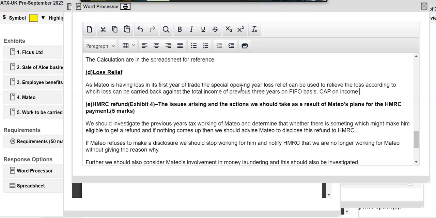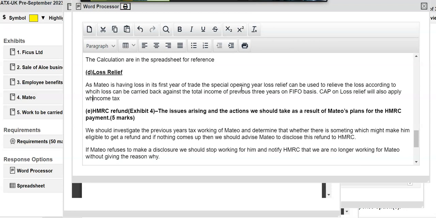The cap on income tax reliefs, the cap on loss relief, will also apply, which will restrict the loss which can be adjusted against the total income.